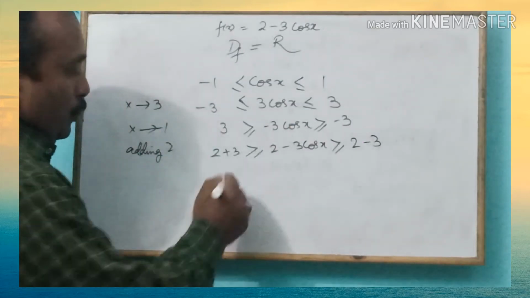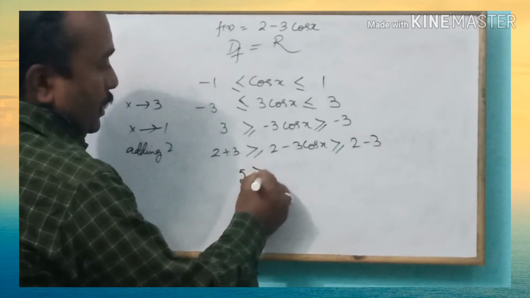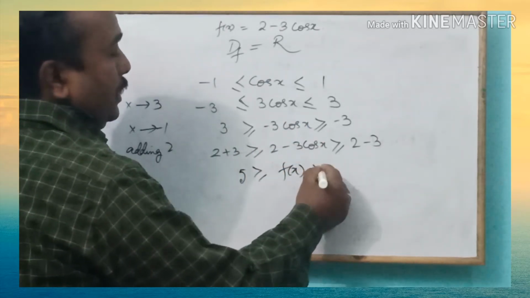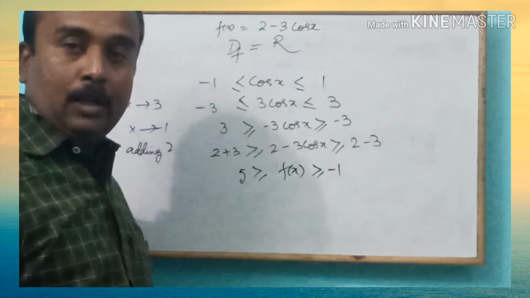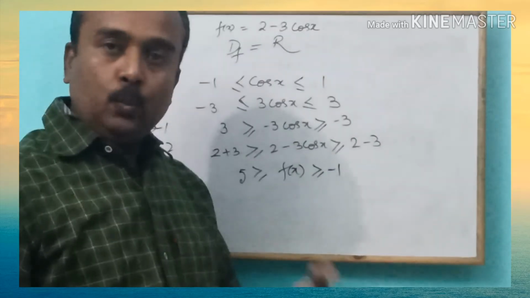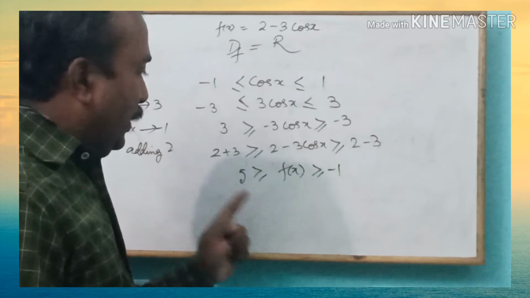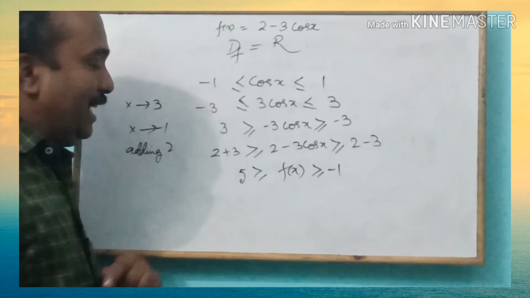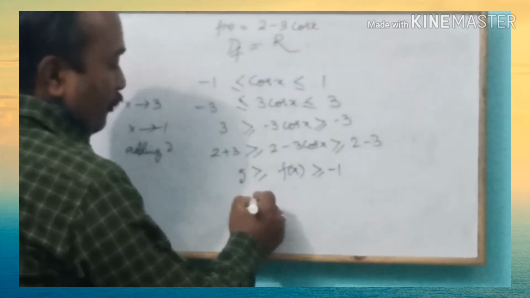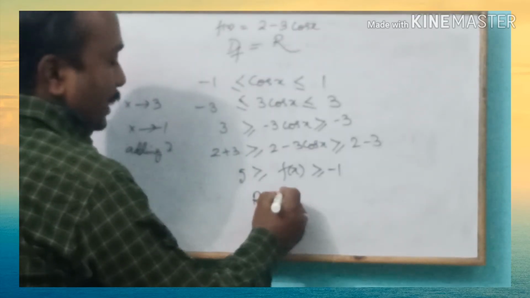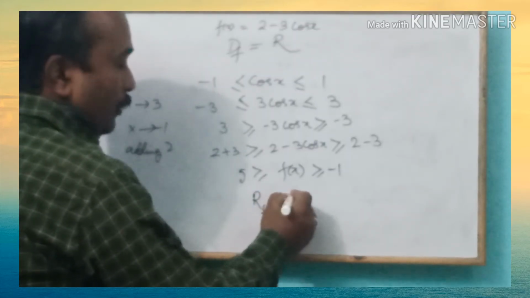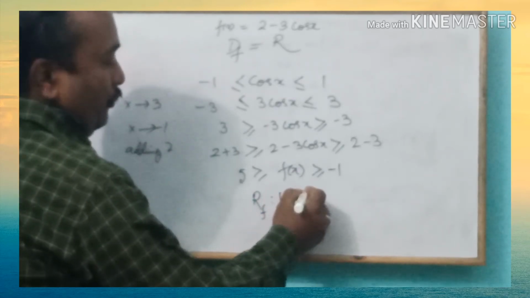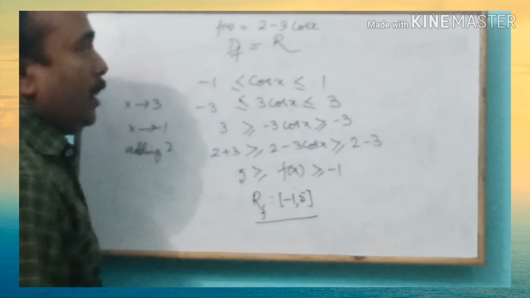Clear? So 2 plus 3 is 5 greater than or equal to this, which is f(x), or y, which is greater than or equal to minus 1. So f(x) values will be in between minus 1 to 5. So the range of f is nothing but all the real values from minus 1 to 5.